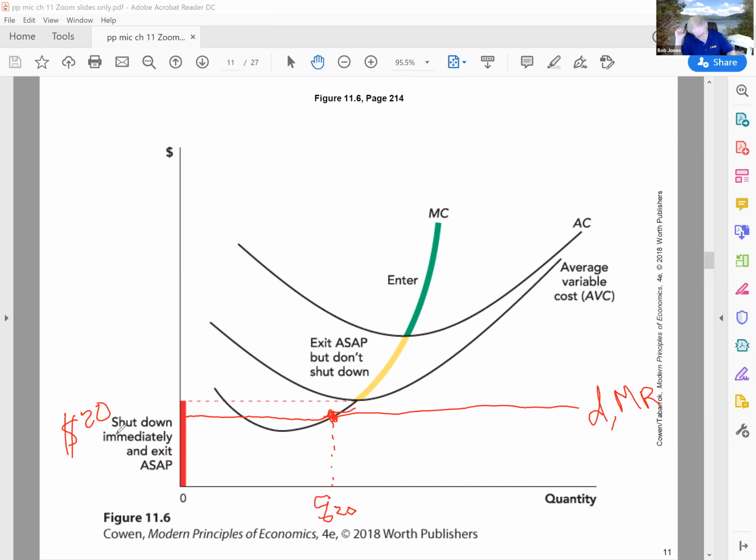We were told the price was 20. We then figured out that if they're going to produce anything, they will produce 20 units. We then said, if they're going to produce 20 units, what's their average cost? So we read up to the AC curve. And what we see is that the firm's average cost is clearly a lot more than $20. Let's say it's $35.